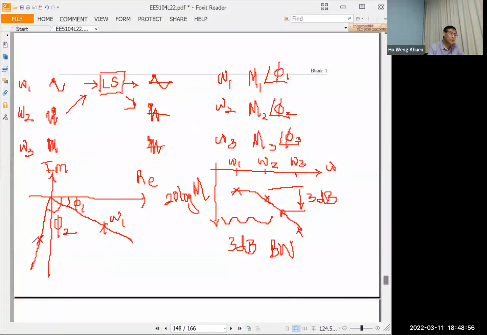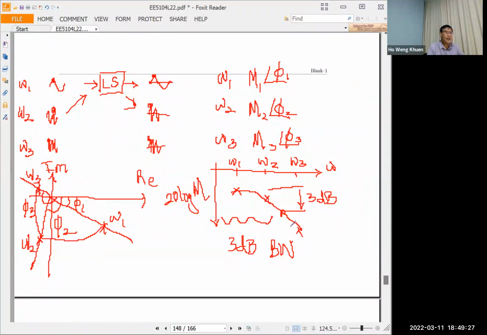Since it's omega 2, you label it omega 2. Then maybe this is minus 200 degrees, so minus 200 degrees is a line here. From here to here is phi 3. Maybe M3 is 1, so you mark off 1 cm, so it's here. So this is omega 3. Then you join.